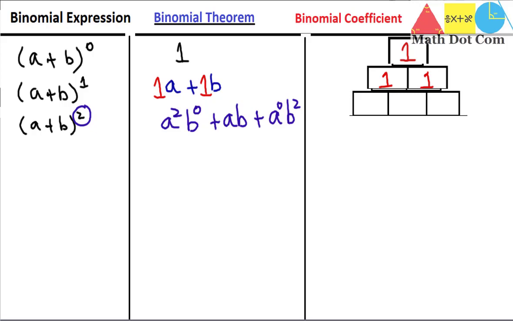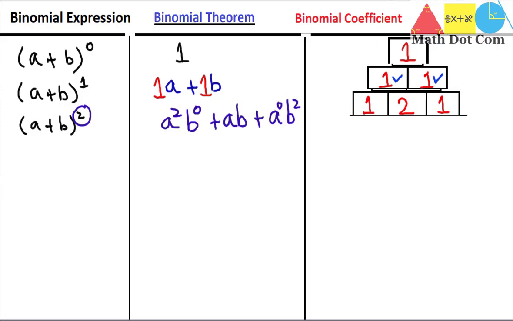In the Pascal's triangle, keep this in mind, when you go from the first 2 layers to the third layer, you have to write the sum of the above 2 terms. This one will be the same, this one will be the same, but here you have to write the sum of the above 2 terms, this one and this one. So the sum of 1 plus 1 is 2.